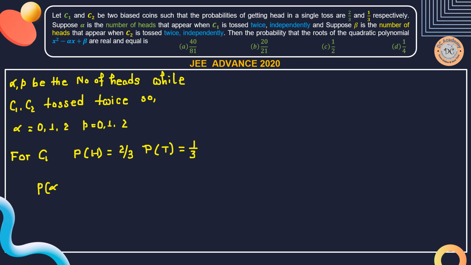Both are different, right? So alpha equal to 0 means we are trying to find the probability of getting 0 heads and 2 tails. So it is equivalent to getting 2 tails. So therefore it is 1 by 3 whole square, and therefore it is 1 by 9.